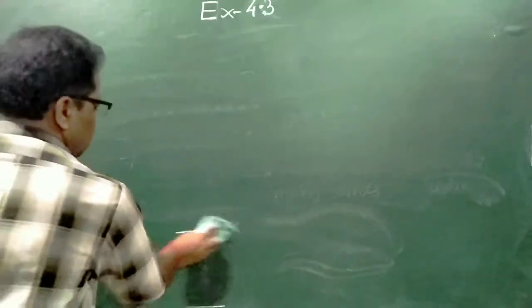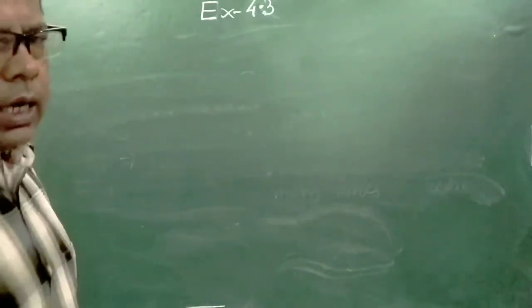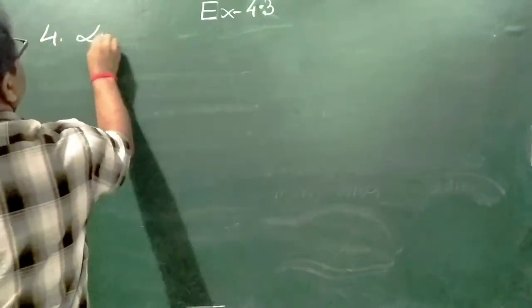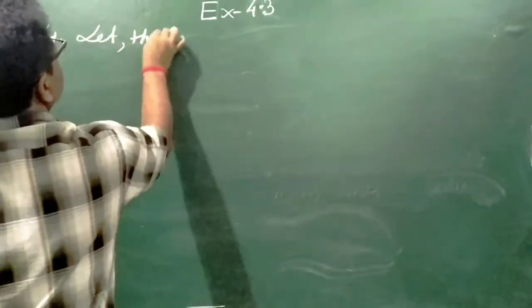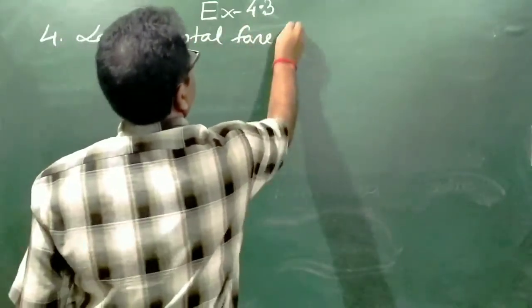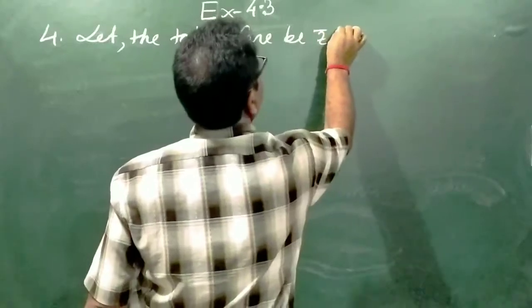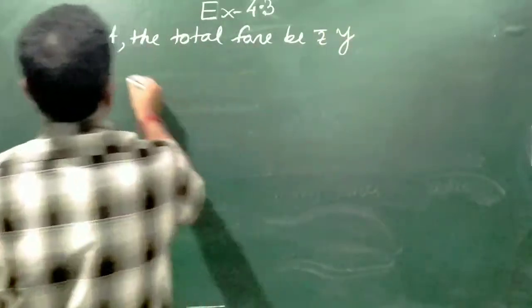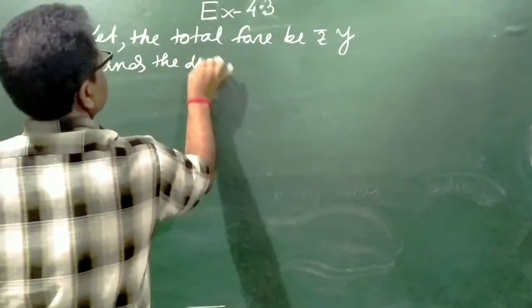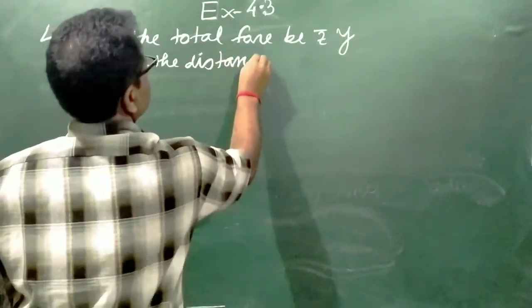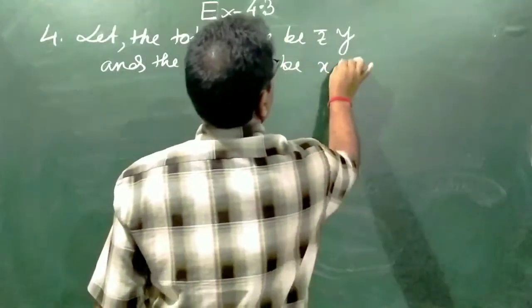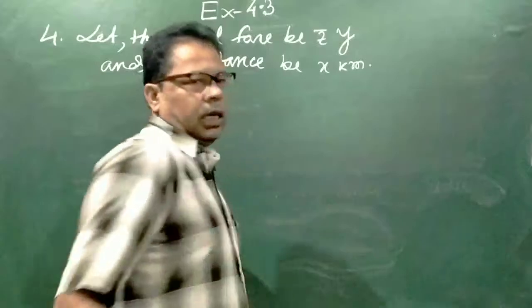So here we need to take the total fare. Let the total fare be y rupees and the distance covered be x kilometers. Then what is told?